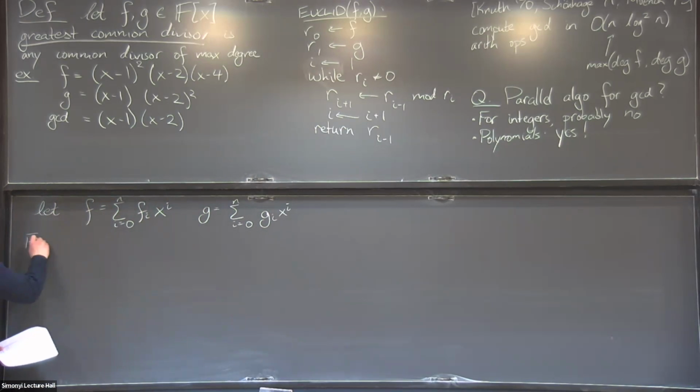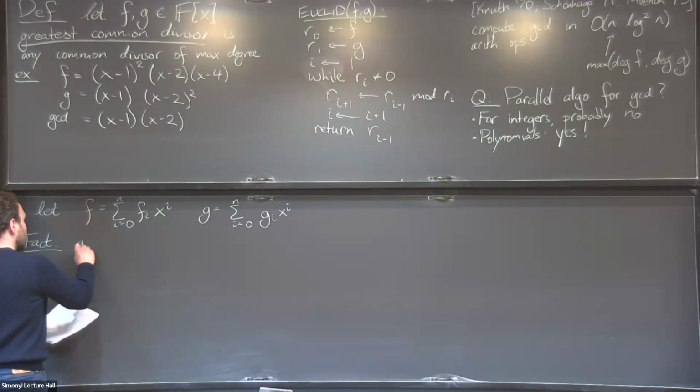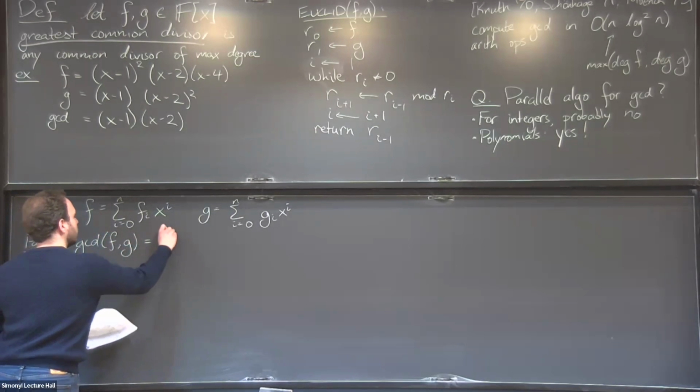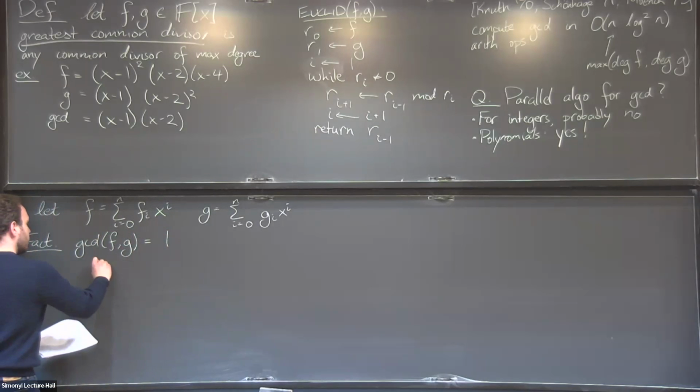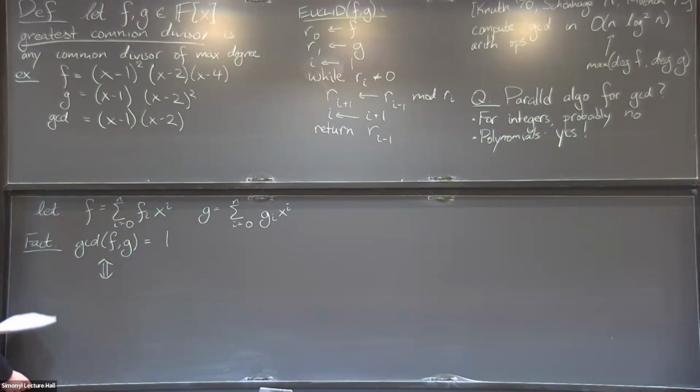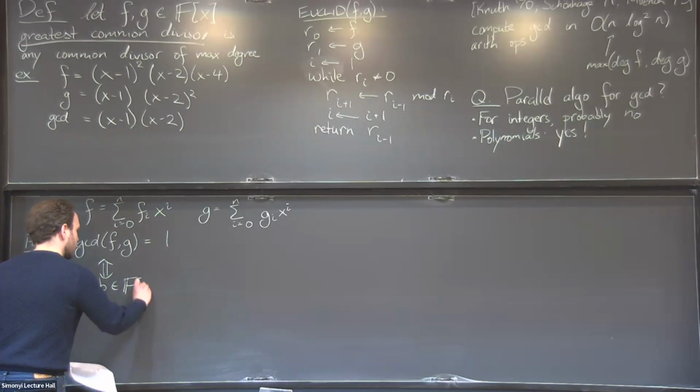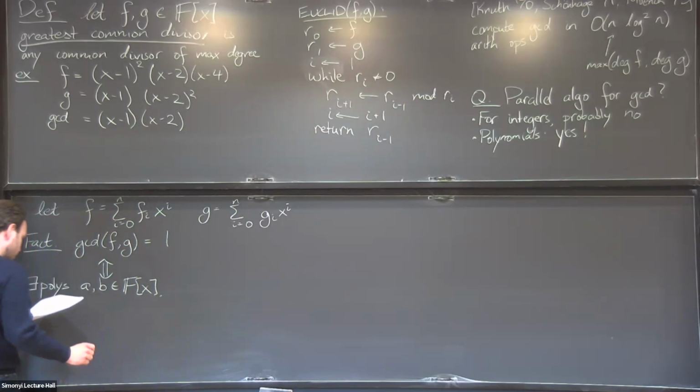So here's a fact that you learn, maybe not in kindergarten, maybe this is like second grade. So the GCD of f and g is 1 if and only if a certain nice thing happens. So what is this nice thing? There exist polynomials a and b such that the following things happen.